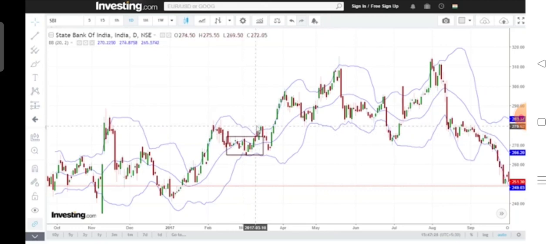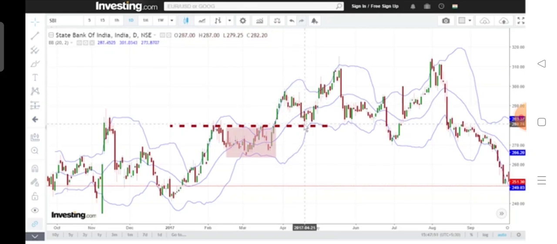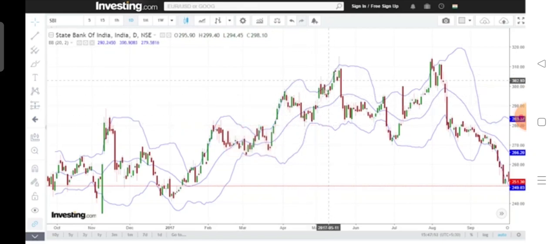Now when there is a range breakout, see, there was a good opportunity to go long here with the stop loss just below the range, and see how beautifully the range broke out and the price moved higher. Not only that, once the range was broken out, there was a retracement, and again at the support line, that is the neckline of the range, the price came back, and then from that support level went higher.